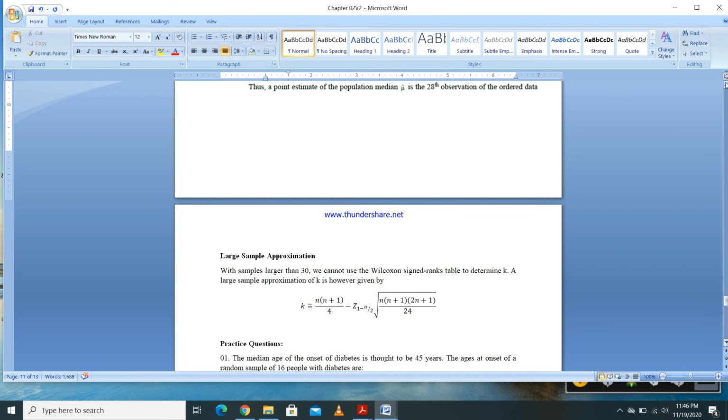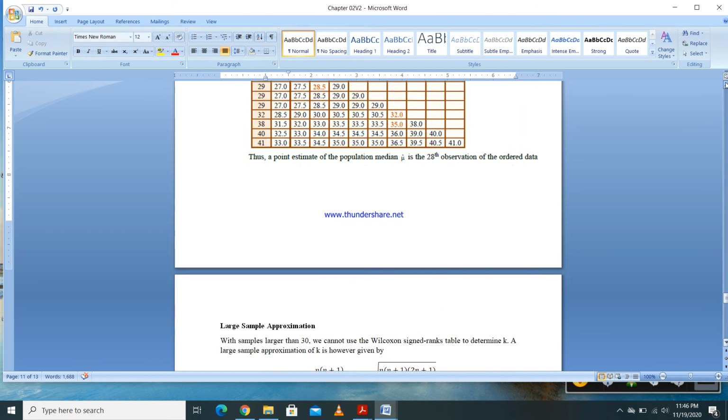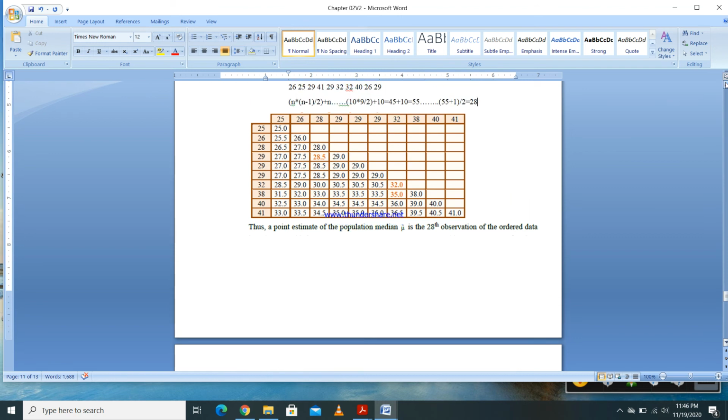Right, now we know the point estimator value, and now we can find the confidence interval. In order to find the confidence interval, first we have to use the Wilcoxon signed rank test.